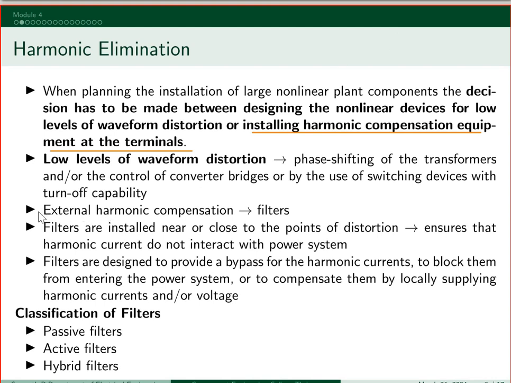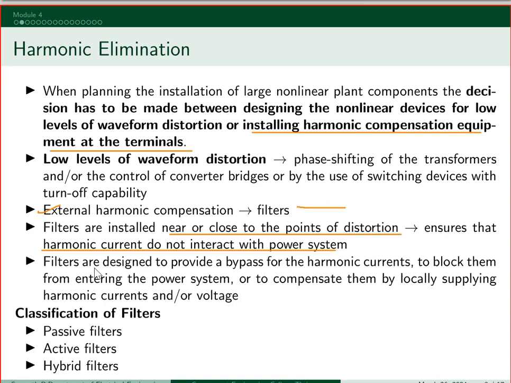The external harmonic suppression can be done with the help of filters, which can be installed near the point of distortion, and these filters make sure that the harmonic current does not interact with the rest of the system, and is limited to the location where it is being generated.